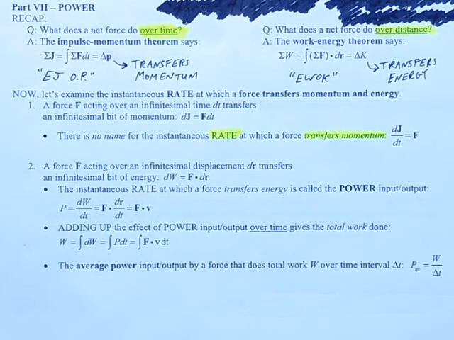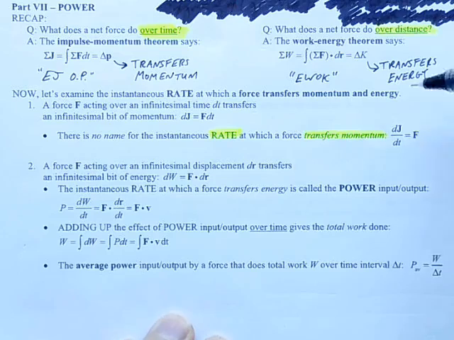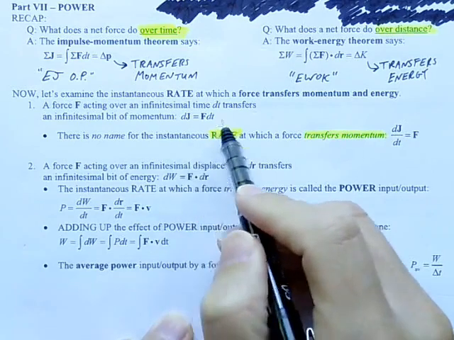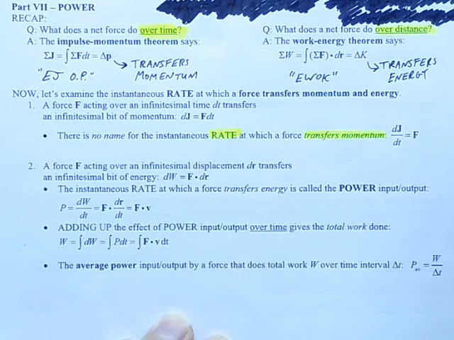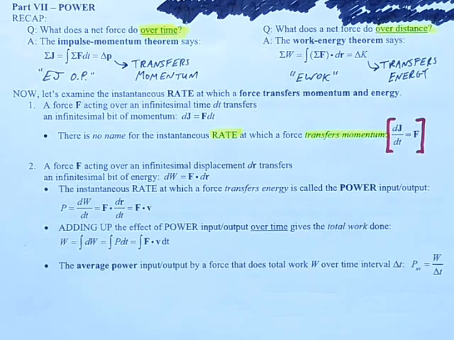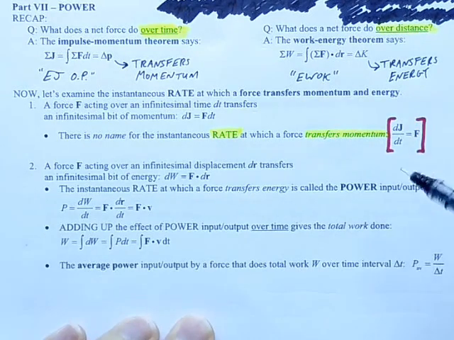So the rate at which the impulse is imparted, dJ/dt, but by dividing both sides by dt, we get this expression. A single force acting on an object imparts an impulse at a rate that's equal to the force itself.